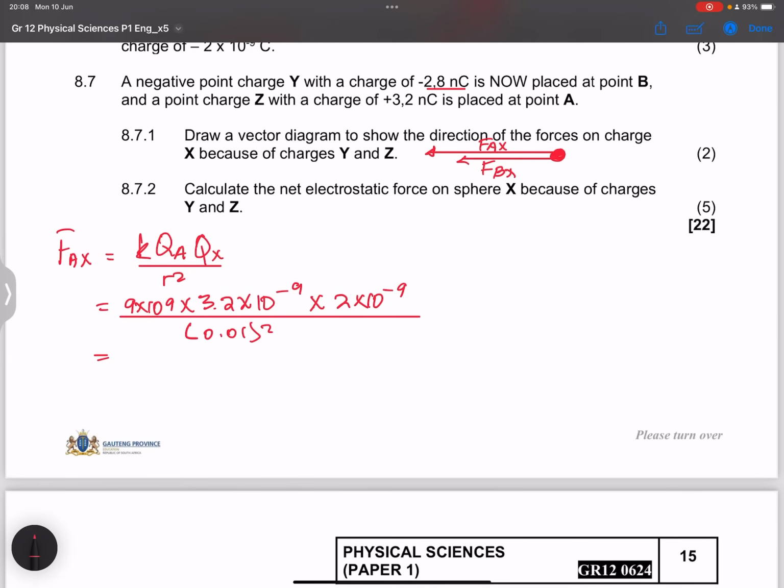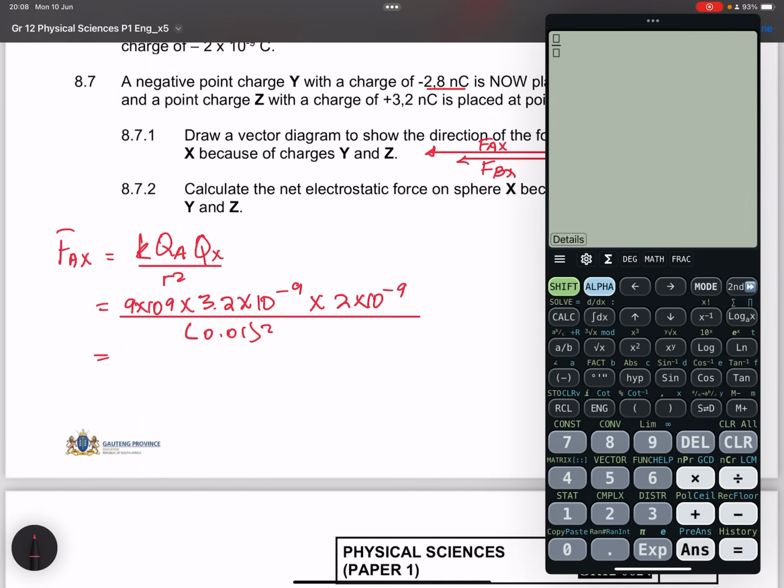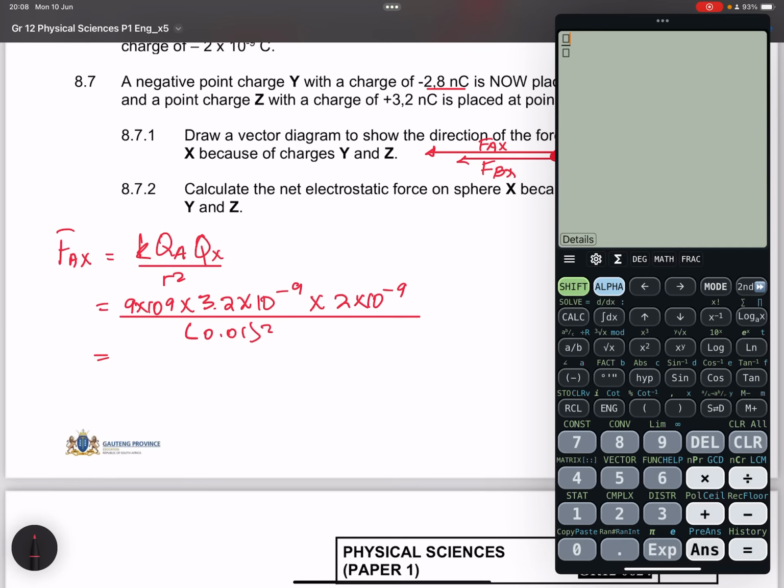All right, so let's calculate quickly. In fact, we could have made that much easier for ourselves. We already had the field. So that's 3.2 times 10 to the minus 9, times 2 times 10 to the negative 9, and this is divided by 0.01, squared.